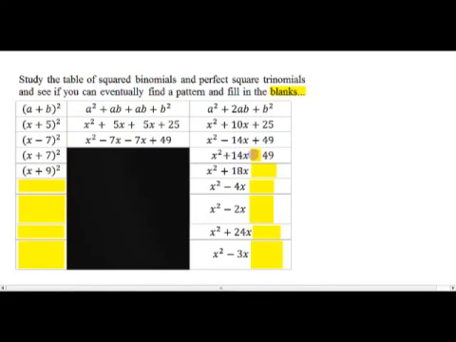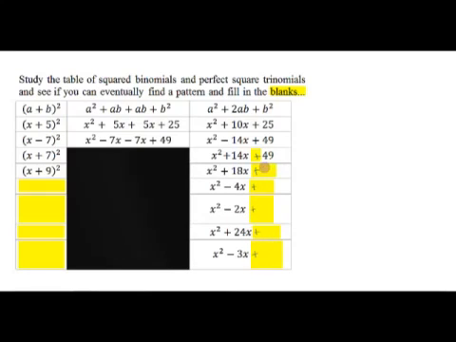What we want to observe here is what will the sign here be? It doesn't matter if I have positives or negatives, the sign of that last term is always going to be positive because it comes from squaring that second term of the binomial. 5 squared is 25, negative 7 squared is a positive 49, so this will always be a positive.